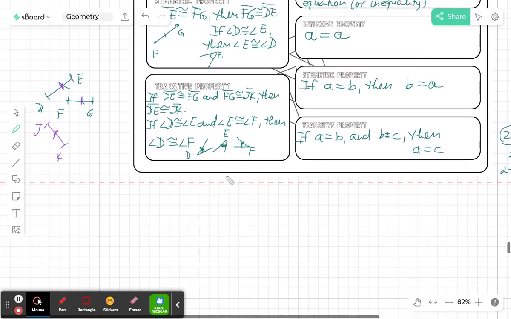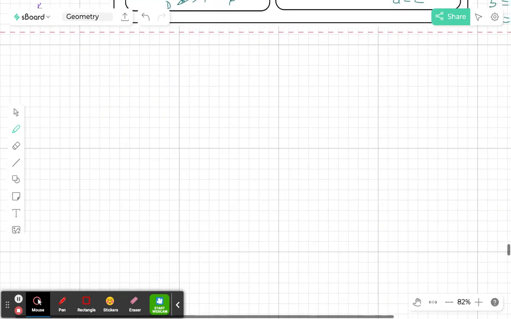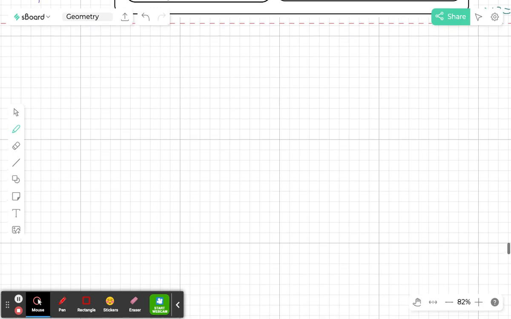I wanted to show you a little example of how we can use these properties of algebra for solving an equation: 3x equals 6 minus, let's throw a fraction in there, 6 minus 1/2 x. Our first step is going to be to say that 3x equals 6 minus 1/2 x.